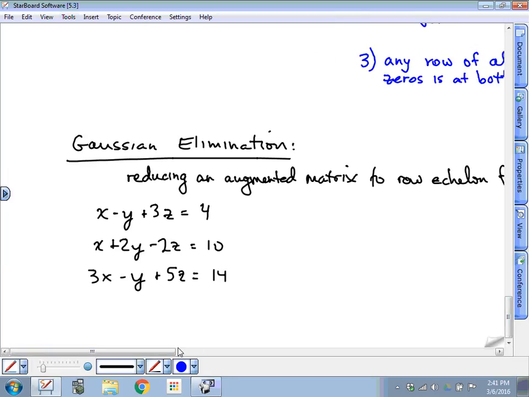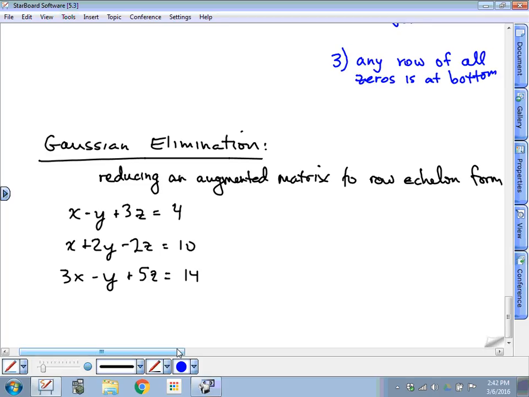Now, something you have to understand about Gaussian elimination, it's not a shortcut, and honestly, quite often it is longer than solving the system using the traditional elimination method that you learned back in chapter 5. Why learn it if it's longer? Well, it's how a computer system solves a system of equations. A computer system can solve it almost instantly just by using numbers in a matrix rather than variables.